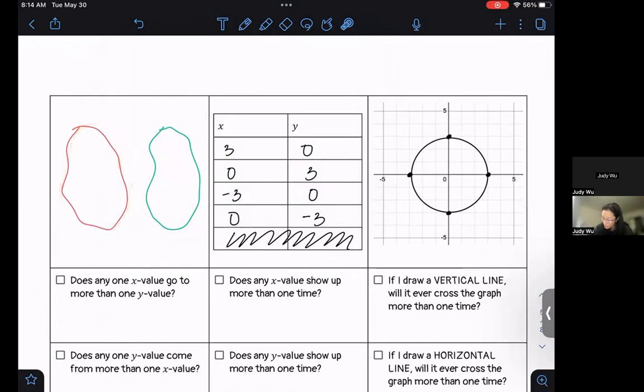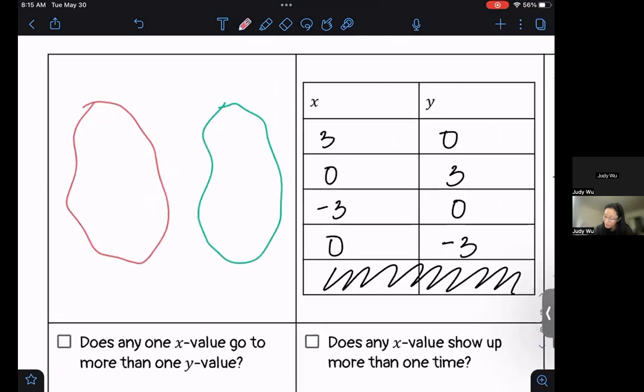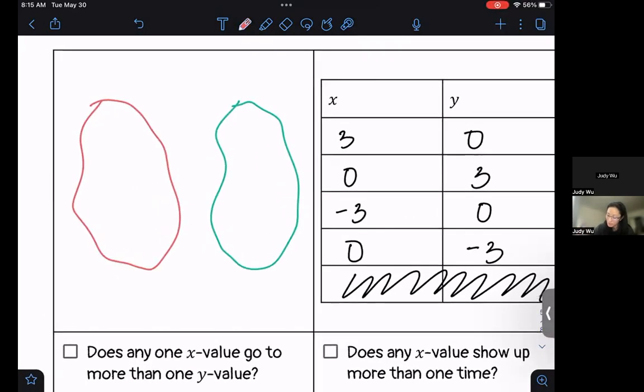Well, I've got a 3, a 0, a -3, and another 0. But since I already said 0, I don't need to put the 0 again, okay? And then normally we write the numbers from smallest to biggest. So in other words, I'm not going to write 3, 0, -3, but I'm going to write -3, 0, 3, smallest to biggest, okay?